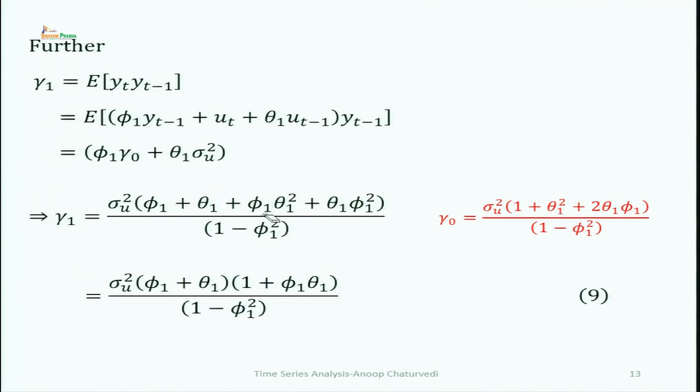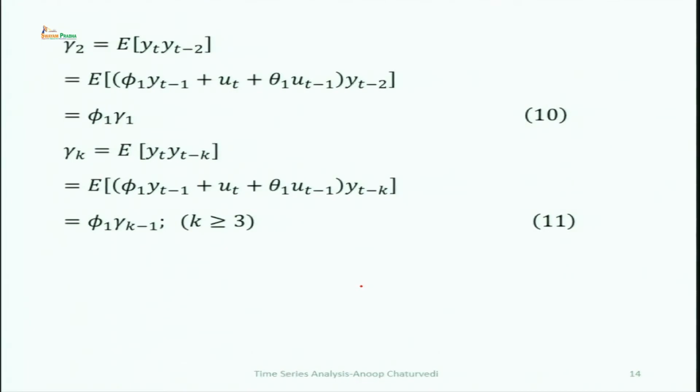You look at these two expressions. If you take phi 1 theta 1 common, then again you obtain phi 1 plus theta 1 here. So, then you have phi 1 plus theta 1 here also. So, you take phi 1 plus theta 1 common, and inside you get 1 plus phi 1 theta 1. So, this is the expression for gamma 1, the first autocovariance.